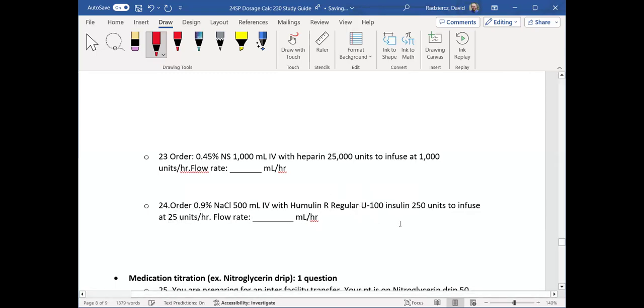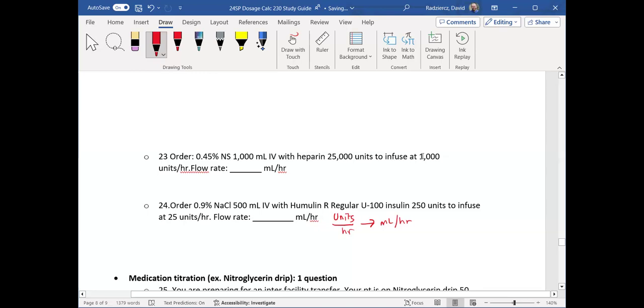So what this is asking you to do is convert, just like we've been doing, units per hour to milliliters per hour. So you're going to follow the same thing. The only thing that's different is the drug in question. So go ahead and try this one, number 24, that I changed the number on.